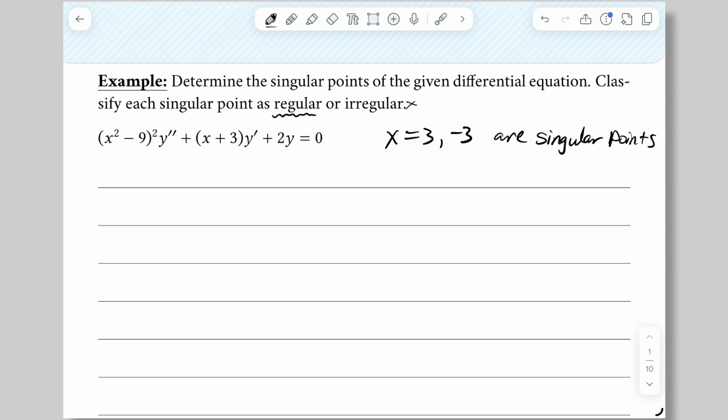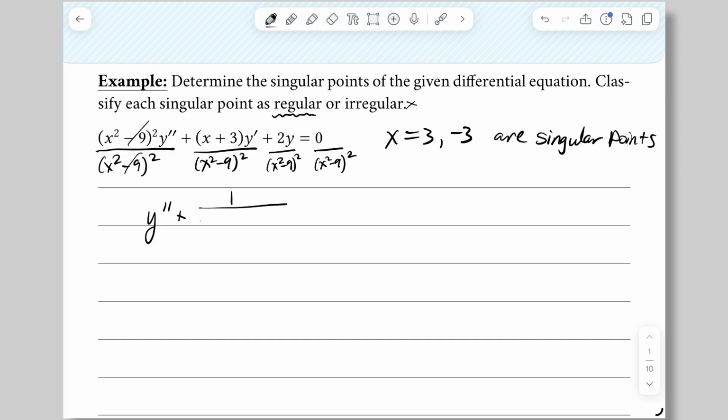In order to classify them, we put this equation into standard form. So we're going to divide (x squared minus 9) squared into all of the terms. On both sides, mind you. So for the y double prime term, all that's left is y double prime. For the term (x plus 3) times y prime, we have one factor of x plus 3 that's going to divide out.